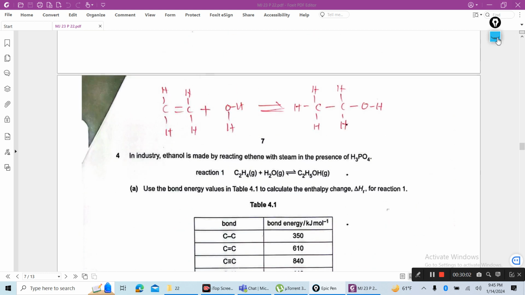You see here, 1 OH, 2 OH, oxygen hydrogen bonds 2, so multiply that by 2. Now in product there is 1 carbon carbon single bond, carbon hydrogen bonds 1, 2, 3, 4, 5, carbon oxygen bond 1, oxygen hydrogen bond 1, so you have to add all.